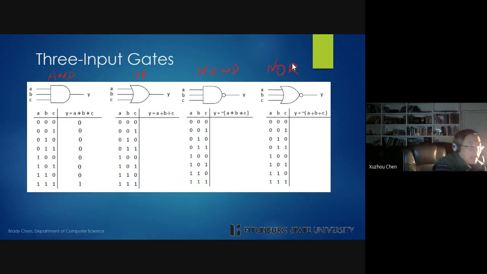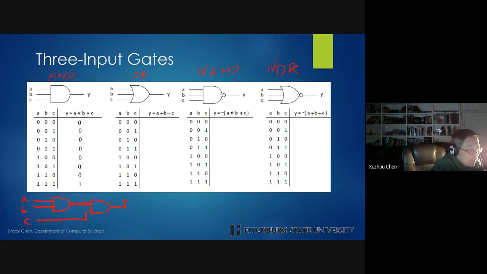Now, how do we build the 3-input AND gate using 2-input gates? You have an input A and an input B, then you generate an output. Then you have an input C. Combine the output of A and B with C, and you can build this one out. Why is this true?